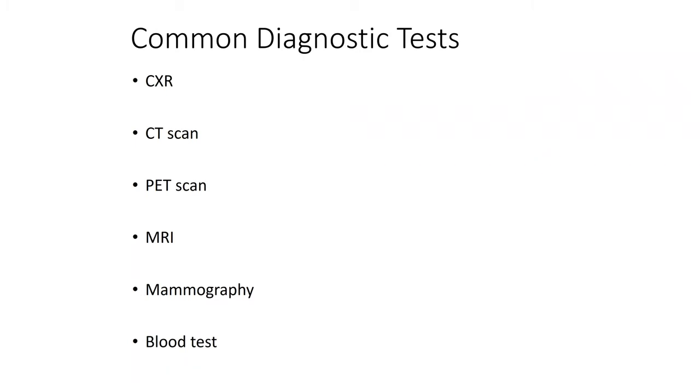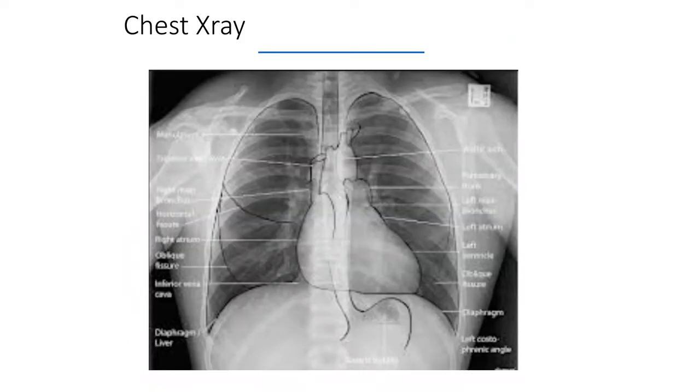MRI is helpful, but only for disease of the brain, not a good test for early detection, but clearly a good diagnostic test. Mammography, very, very important for women to detect early breast cancer. And then also we talk about ultrasound, and blood tests are good for diagnosis of spread, but not for early detection.